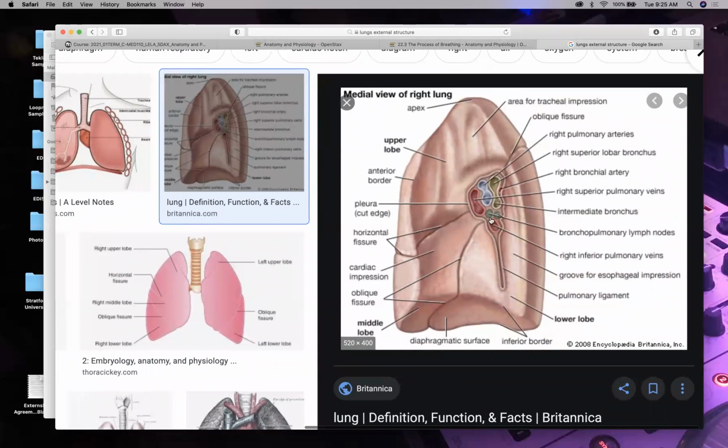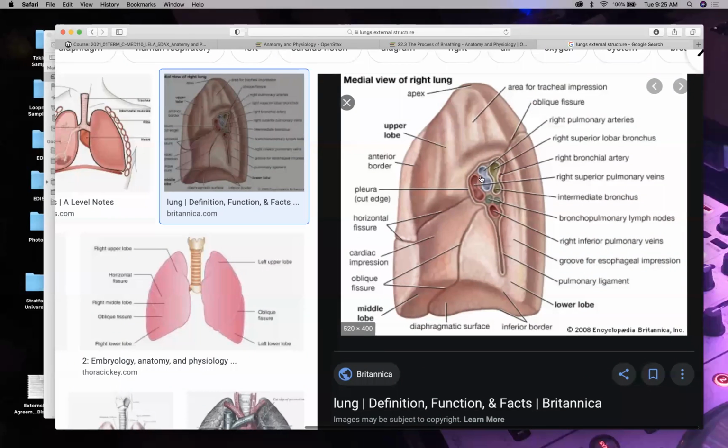Now, this area right here is the connection that goes into your lungs. Now, what important structures enter and leave your lungs? Of course, you have your main stem bronchus, right? Which is right here. Then you have these things colored red and blue.